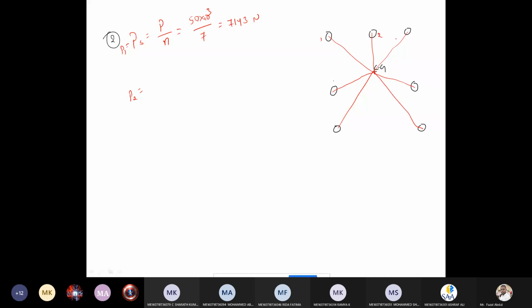First rivet, second, third, up to 7. Now, due to direct loading, the shear load that we calculated is distributed vertically downward on each rivet.